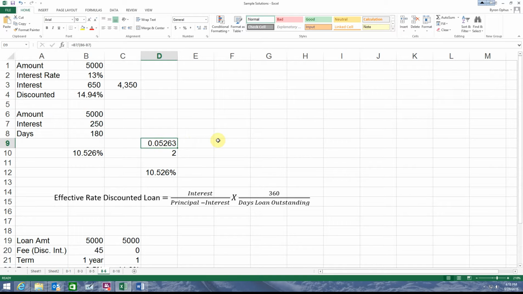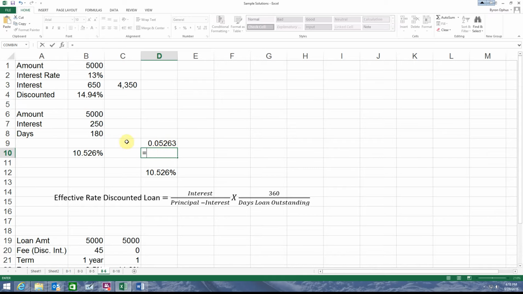So this is simply equal to my interest divided by parentheses principal minus my interest. That's the left part.